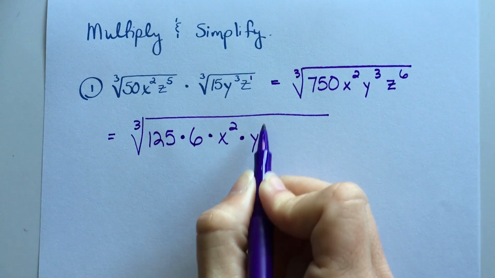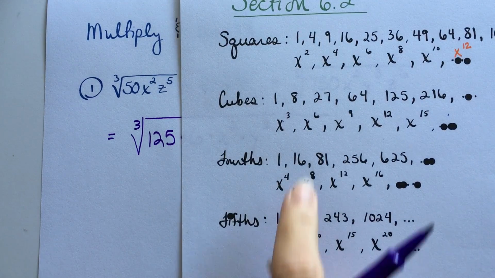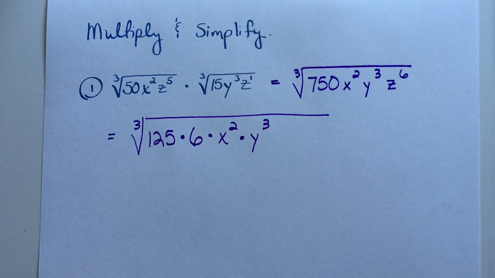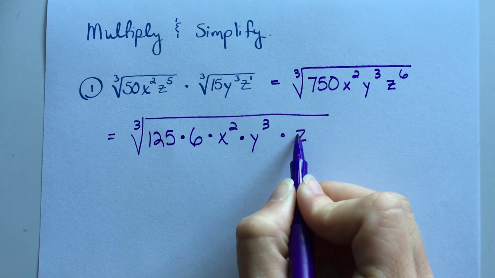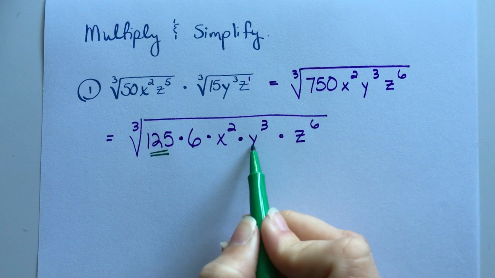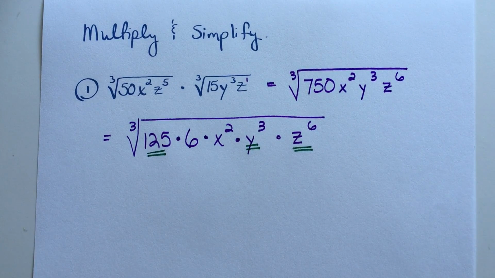So don't break it down if it's already a perfect cube. And then I've got a 6th power. Well, a 6th power is already on my list, so we're not going to break that down either. Okay, so if it's already perfect, don't break it down. So 125 is perfect, y to the third is perfect, z to the 6th is perfect.